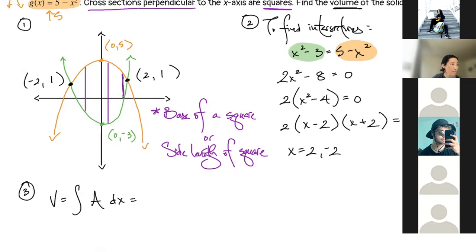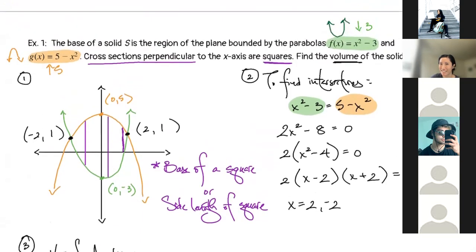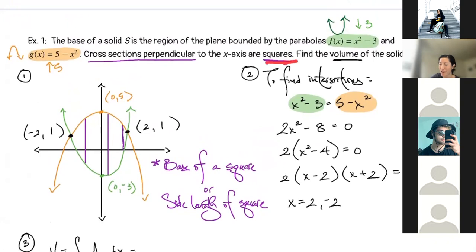All right, so in order to answer this question, I need to know an area formula. I need to know an area formula for what shape? For a square. Okay, we could say rectangle, but why are we saying square in particular? Right, we know from the question that they're asking about squares.